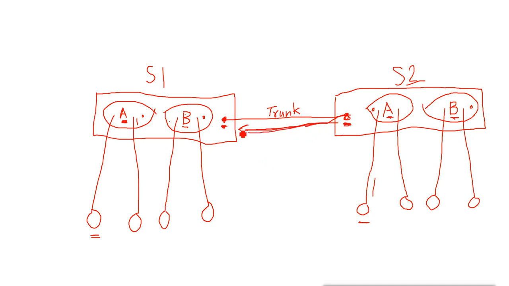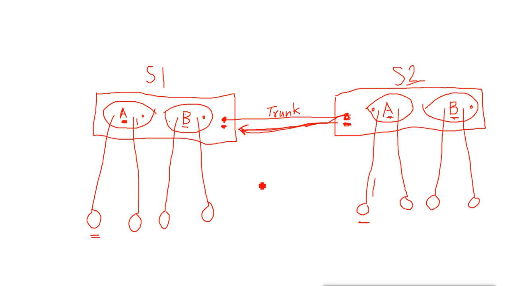So if I convert this port into trunk with the command switchport mode trunk, it will send the request to this port, and if this port is in auto mode, it will become trunk. If the port is converted into an access port, it will reject the request and it will not convert into trunk.